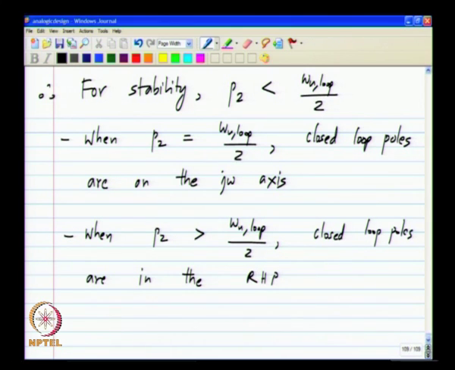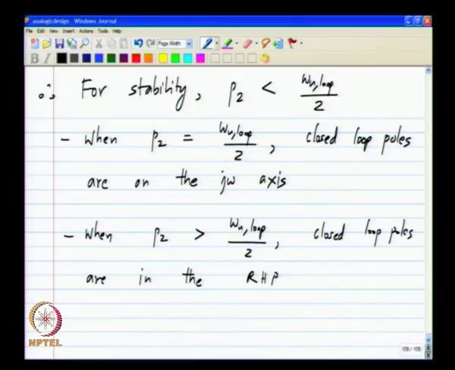Okay. So, just as before, when P 2 becomes very small, the equivalent delay becomes very large and the system becomes unstable.